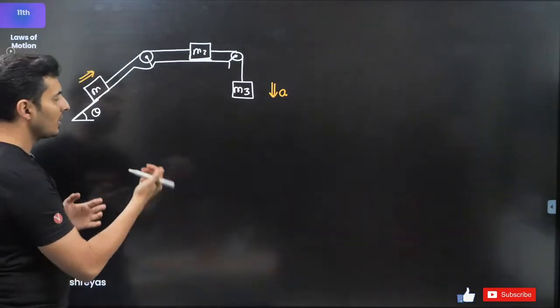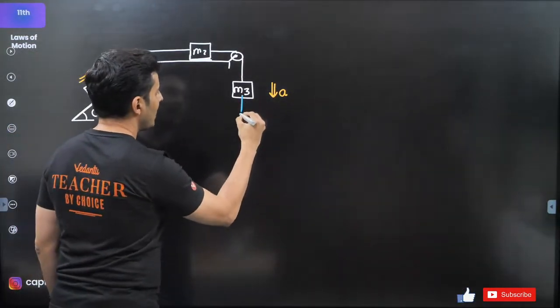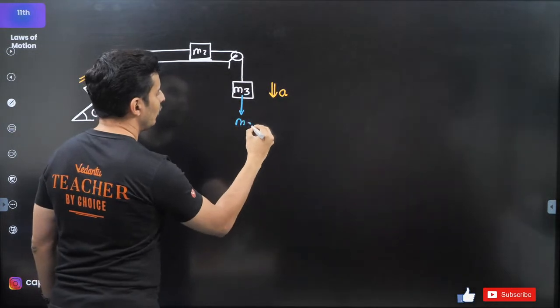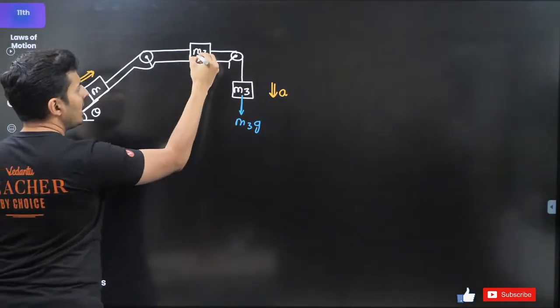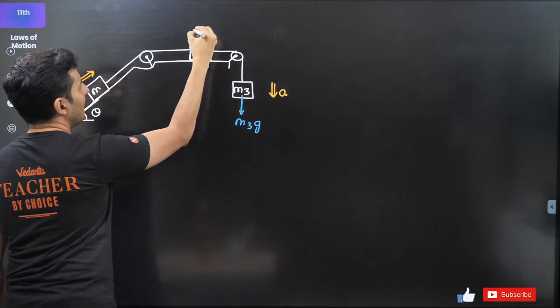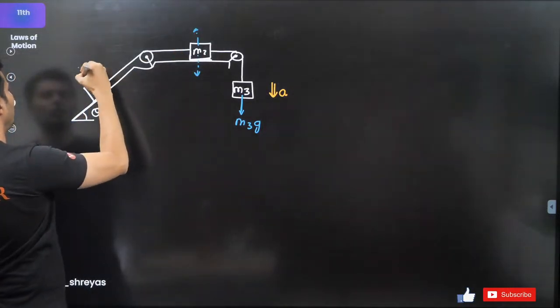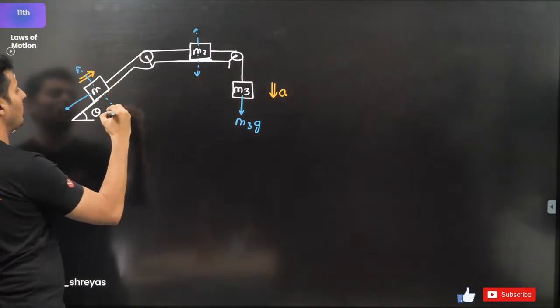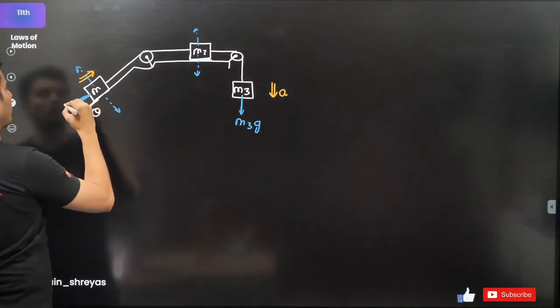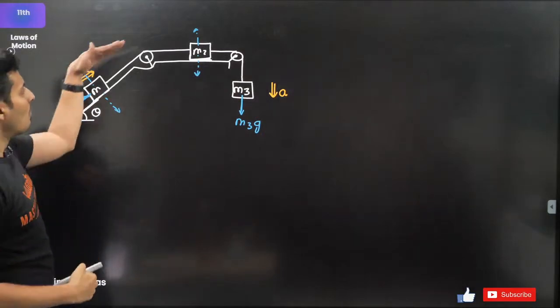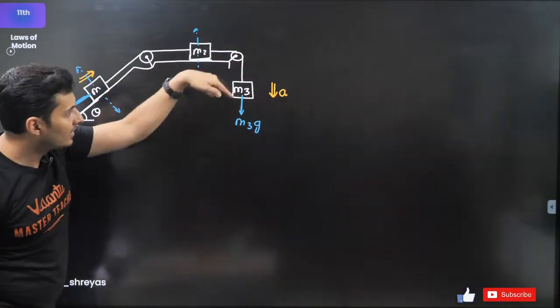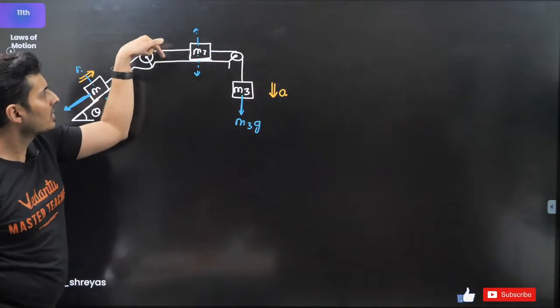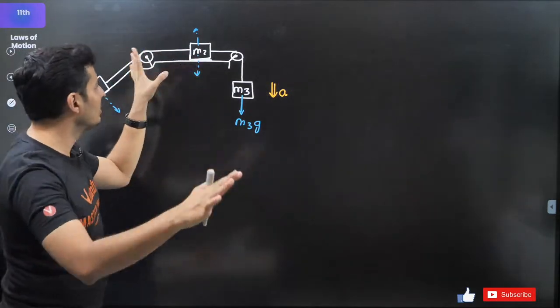But before that, you should think about the free body diagram. m3g will be the force like this. Forget tension. m2g will be like this. Normal will be like that. Here there will be a normal force. And here mg will have two components. Only take the forces in the direction of the motion. Tension is internal, so don't bother.